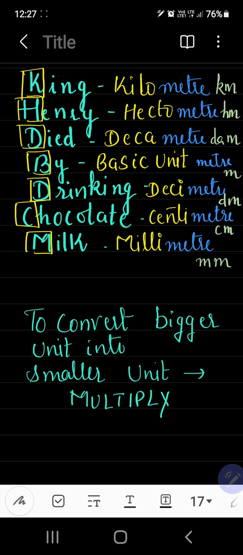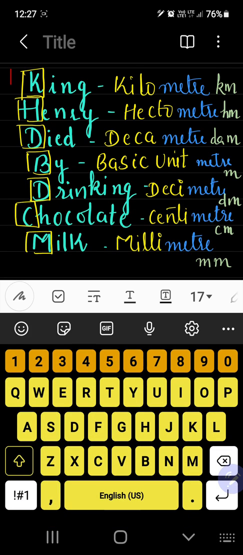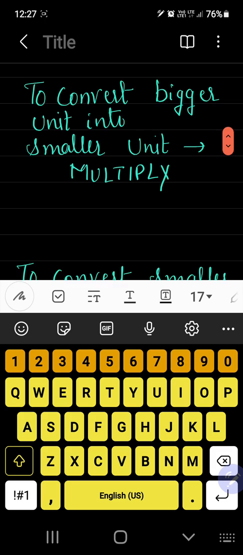So when you are converting any bigger unit into a smaller unit, you multiply, and when you are converting a smaller unit into a bigger unit, like moving from millimeter to kilometer, you will divide. So let's do one example to make this concept clearer to everyone.